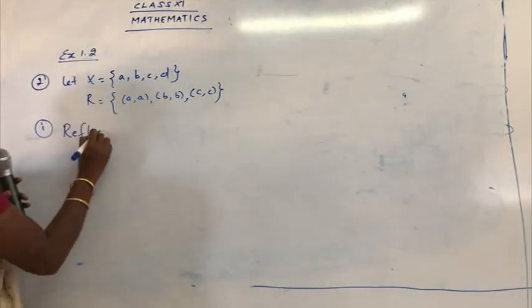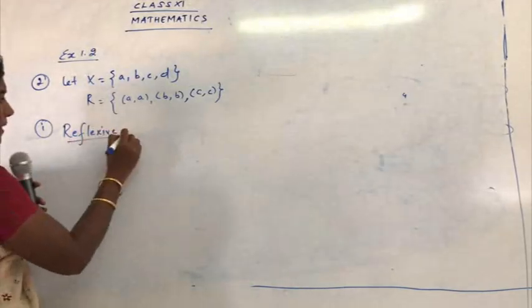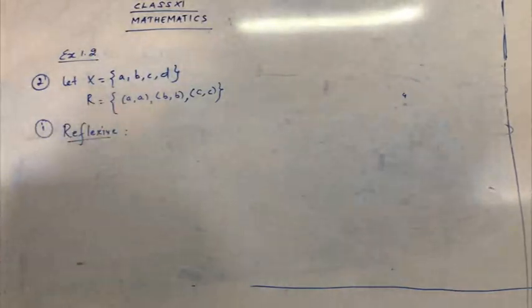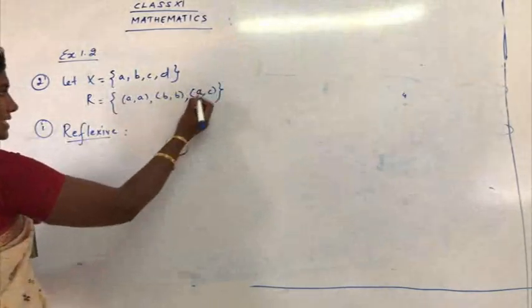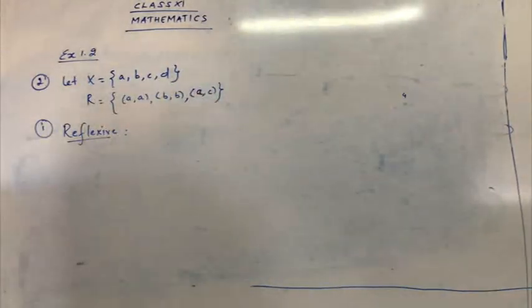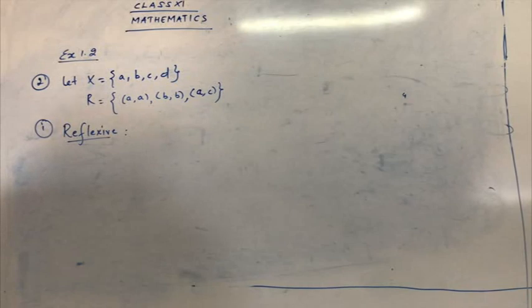So just mention here reflexive. Okay, now just see here. (A, A), (B, B) and (A, C) is given here. So I just mentioned here (A, C). Now tell me, we have X there, yes? What's X given to you? A, B, C, D. And just see the relation part. It's (A, A), (B, B), (A, C). Now, which part is missing there? For reflexive, we need this one element.